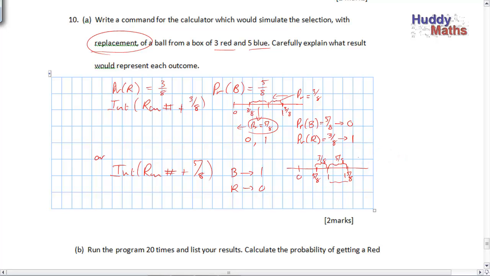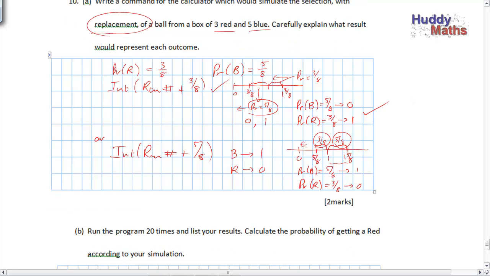So the 5/8 probability, which is the probability of a blue, will go to a 1, because it's that group going down, and the probability of red, which is 3/8, a smaller group, will go down to 0. So either of those, one for the command and one for some sort of discussion as to what the number's going to represent, which ball, which marble or whatever.